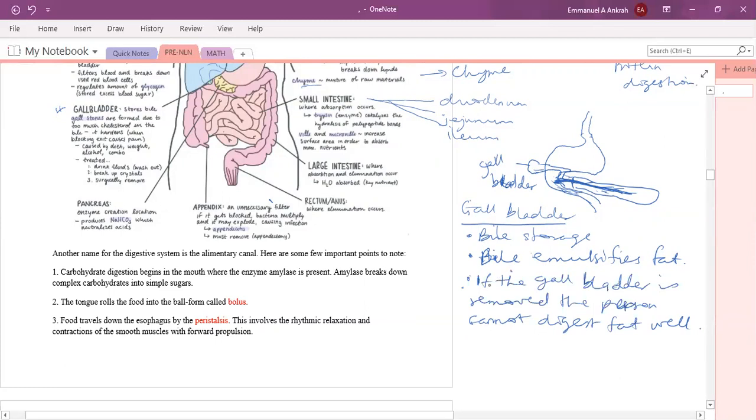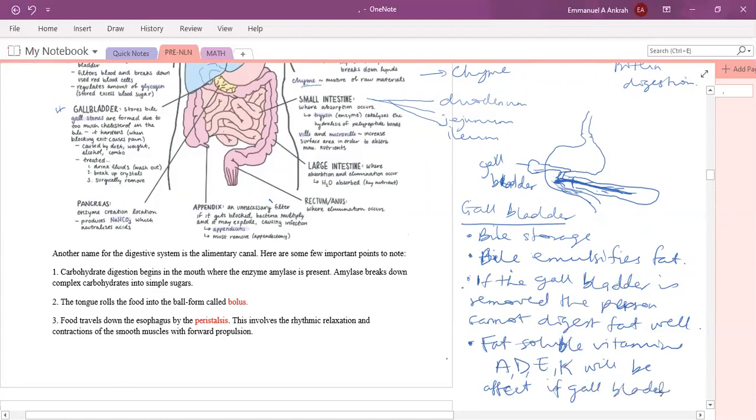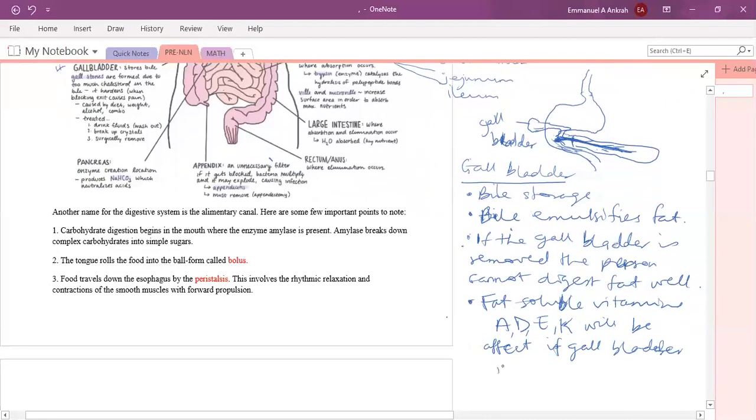And these are vitamin A, D, E, and K. So the fat soluble vitamins, vitamins A, D, E, K, ADEK for short, will be affected if the gallbladder is removed, because they need fat to help them to get absorbed. Okay.